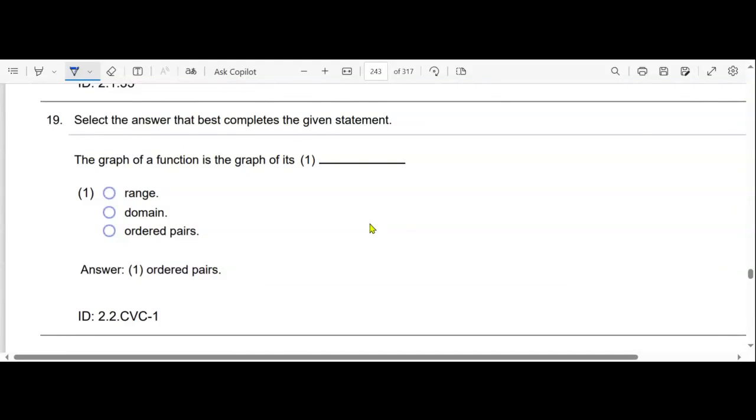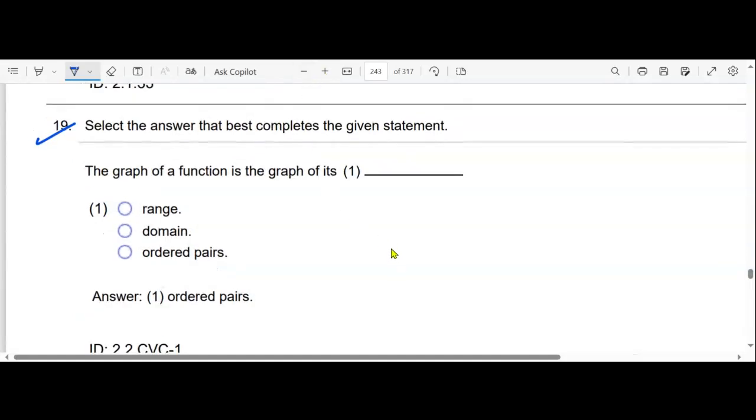Yes. The graph of the function is the graph of these ordered pairs.